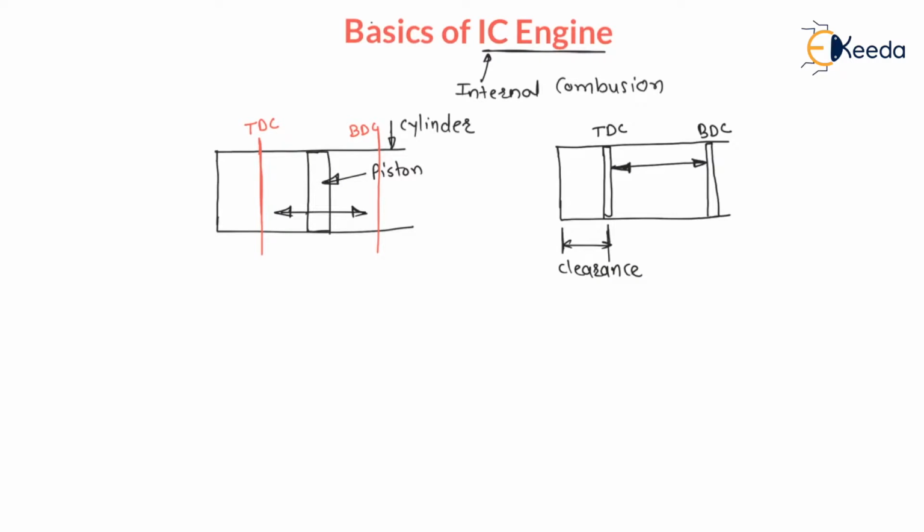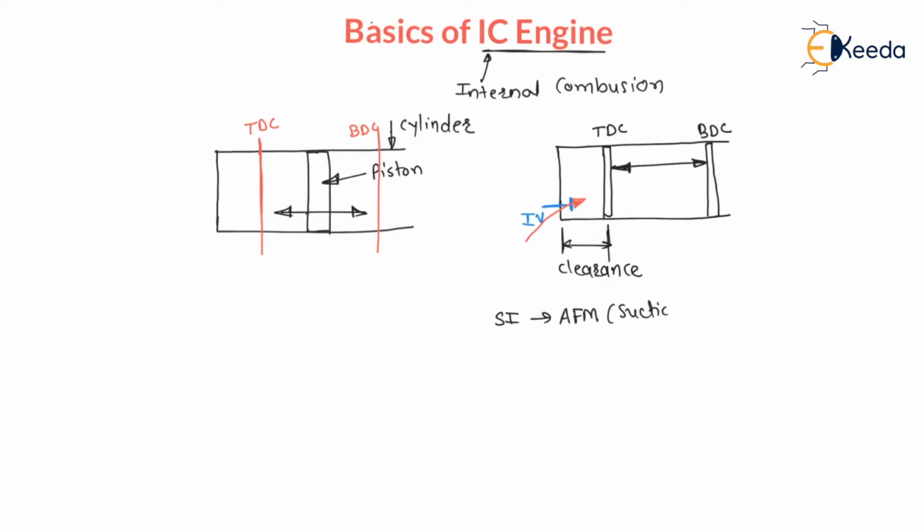Now in this clearance there will be an inlet valve. IV stands for inlet valve. Through this inlet valve air fuel mixture is taken in if it is an SI engine, during the suction stroke.